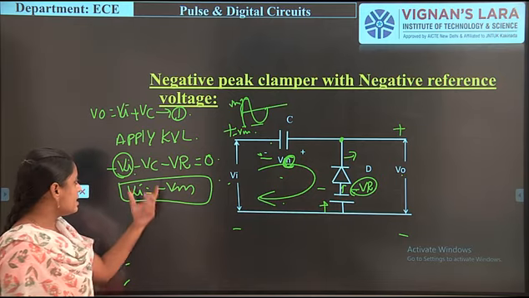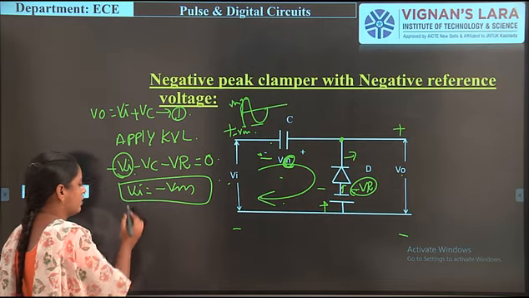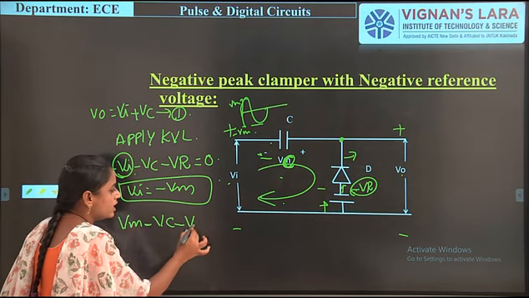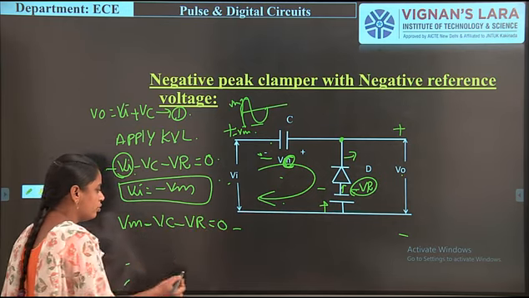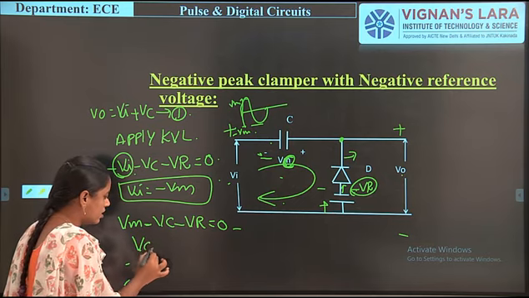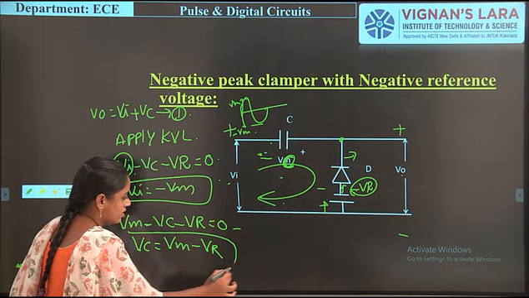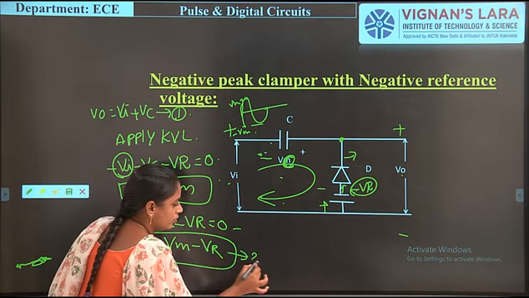Then the equation becomes Vm minus Vc minus Vr equal to 0, so Vc becomes Vm minus Vr. This is taken as equation number 2.